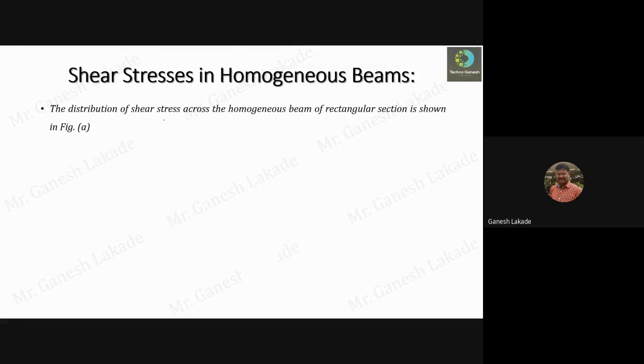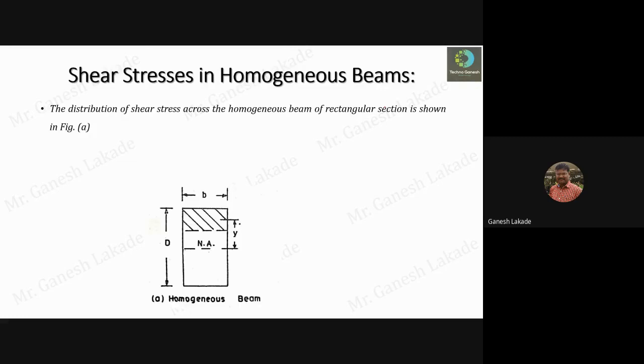The distribution of shear stress across the homogeneous beam's rectangular section is shown here in this figure. The shear stress will vary throughout the depth of the beam like this. The maximum shear stress will be at the neutral axis, and it goes on reducing up to the top and bottom fibers, that is the compression and tension fibers. This is the shear stress distribution across any one beam section.